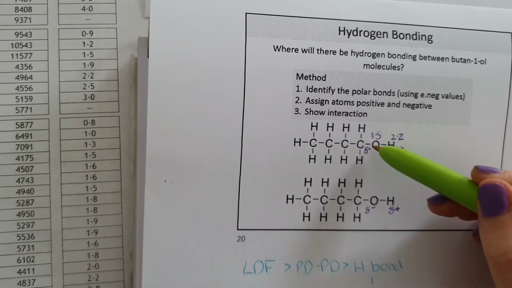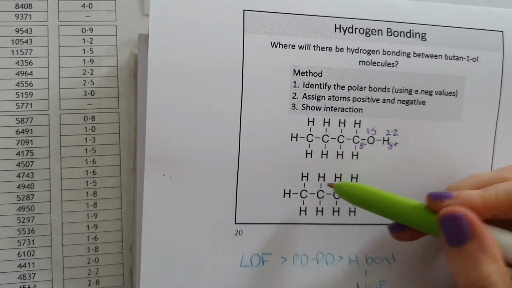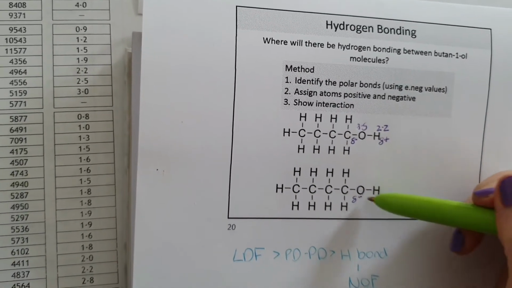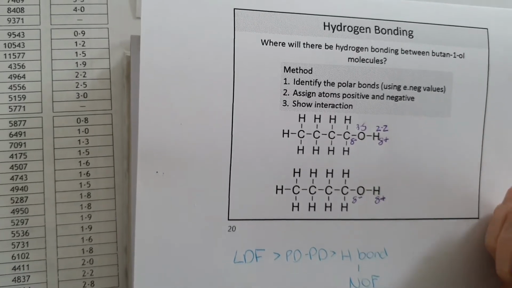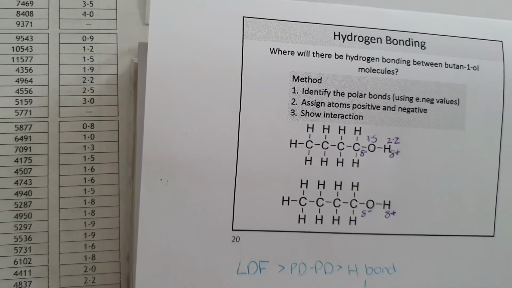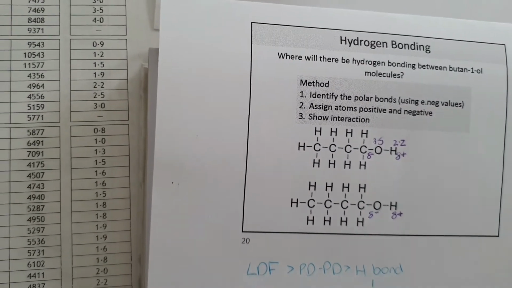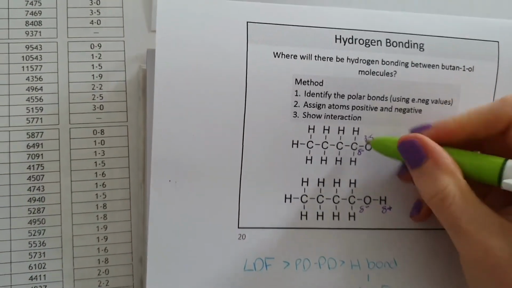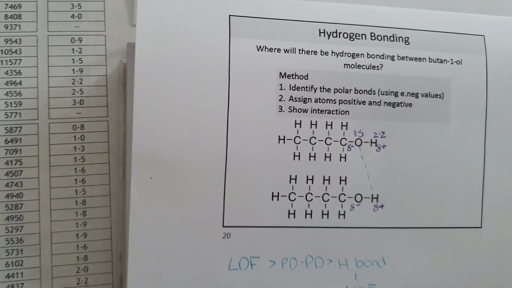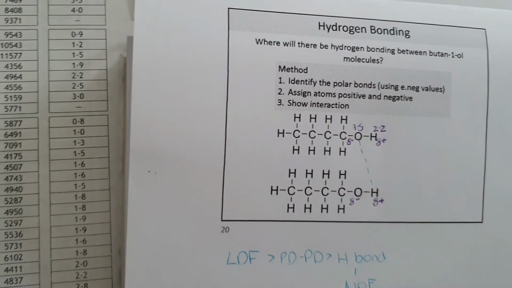Now be careful here, you don't want that O interacting with any of these hydrogens. It has to be the hydrogen that's also involved in hydrogen bonding in its own molecule, so you can't just choose a random hydrogen here. So I'll go for this oxygen here to that hydrogen, and that there is me showing the interaction.